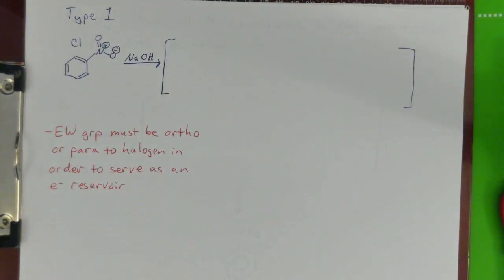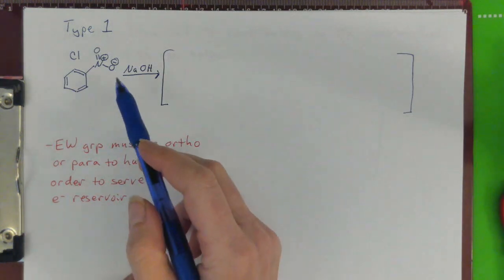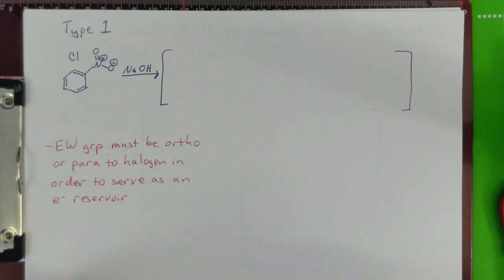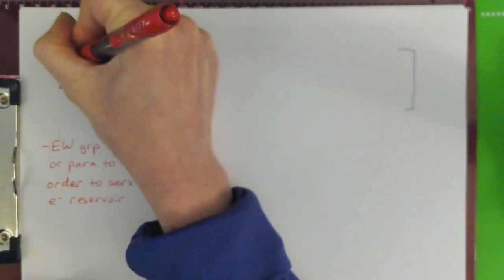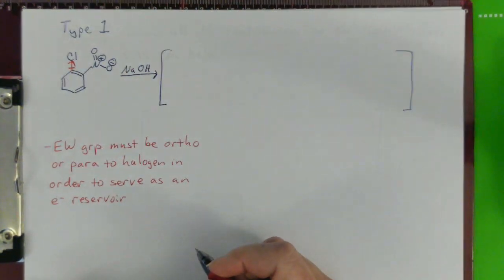So with our type 1 aryl halide, this is the one that has an electron withdrawing group, either ortho or para, but not meta. And let's just make a note here. This is a very polar bond here, so I'm going to draw in that bond dipole just to emphasize that.